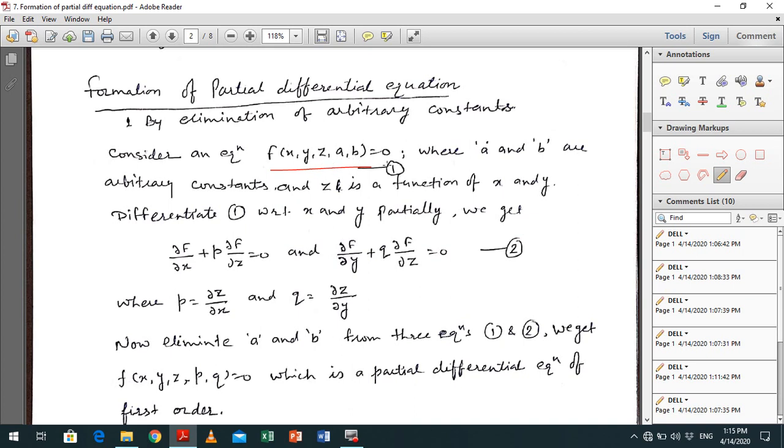So if we are given such an equation, we eliminate a and b and we get the required partial differential equation. To eliminate a and b, first we differentiate the given equation 1 with respect to x and y partially.